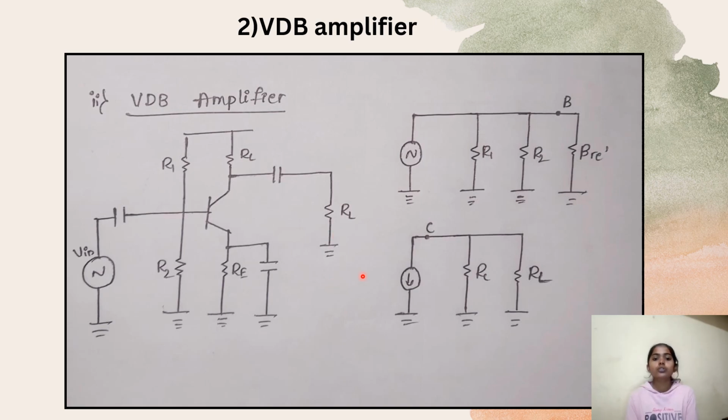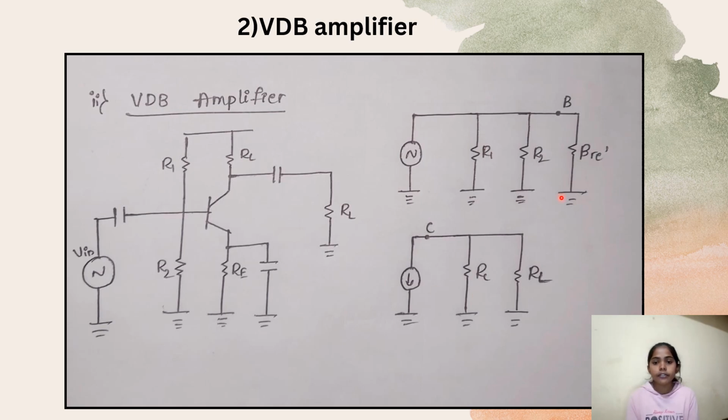For that, we do the AC analysis for the VDB amplifier. In AC analysis, we treat the capacitors as short circuits and consider the input and the output. Here, V in, R1, R2, this base part is considered as the input, and RC and RL, this collector part, is considered as the output.